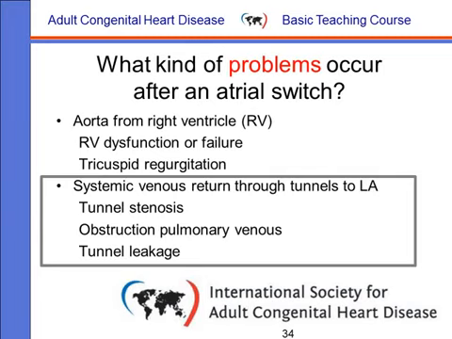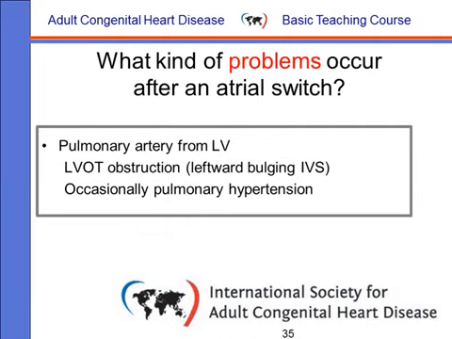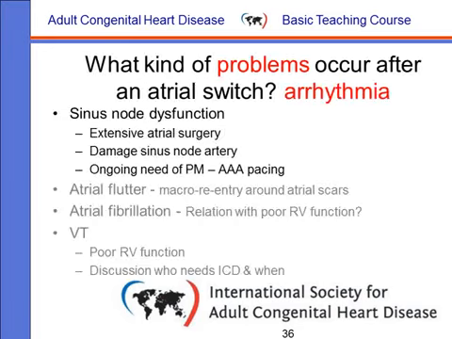Or when the tunnels were not 100% perfect, or one of the sutures became loose, you could get tunnel leakage. And also the left side of the heart could get problems because the high pressure right ventricle could bulge into the left ventricular outflow tract, and outflow tract obstruction could develop. And occasionally pulmonary hypertension developed in these patients.